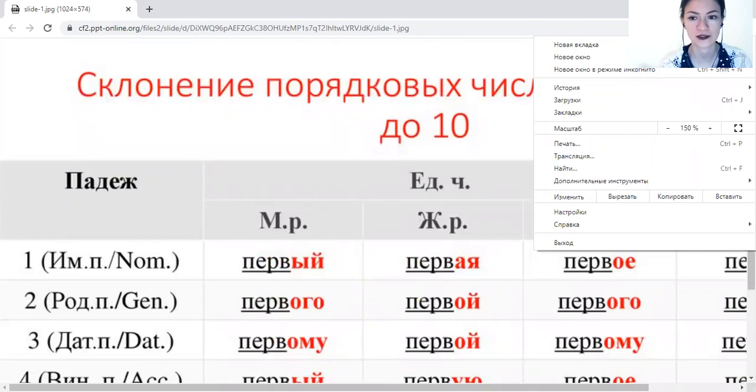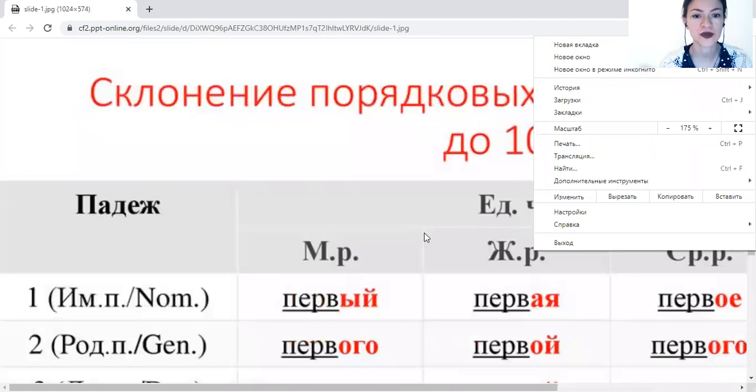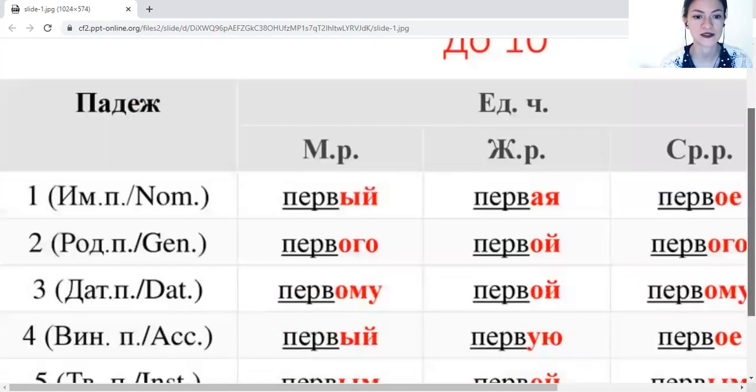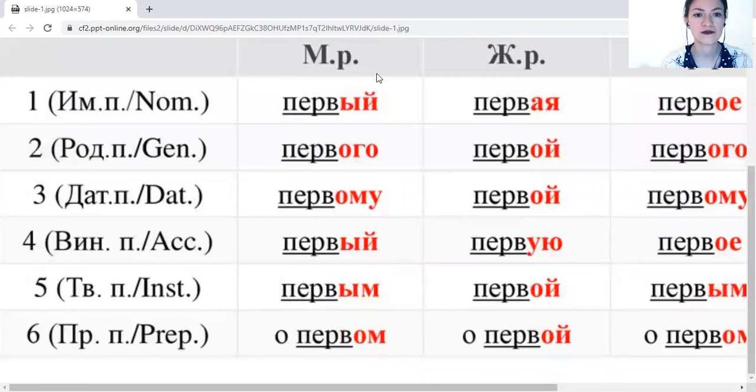So, for example, let's talk about the ordinal первый, which means first. In masculine gender, in nominative, первый, it changes like adjective красивый, for example, or новый, the same. Первый друг, my first friend.